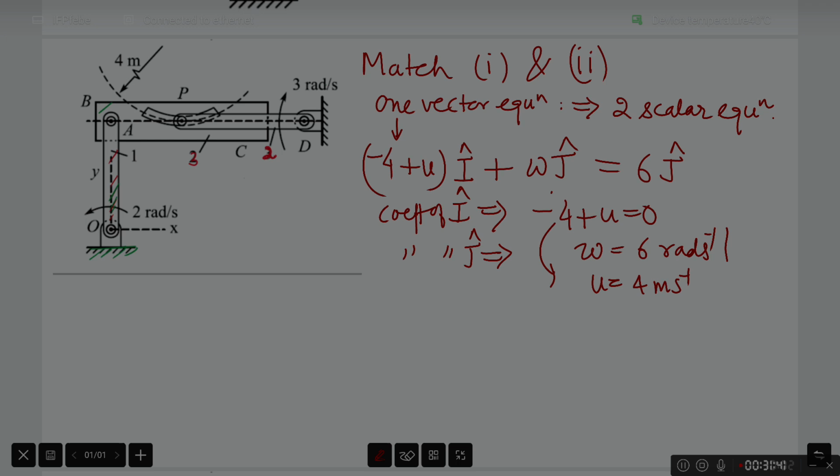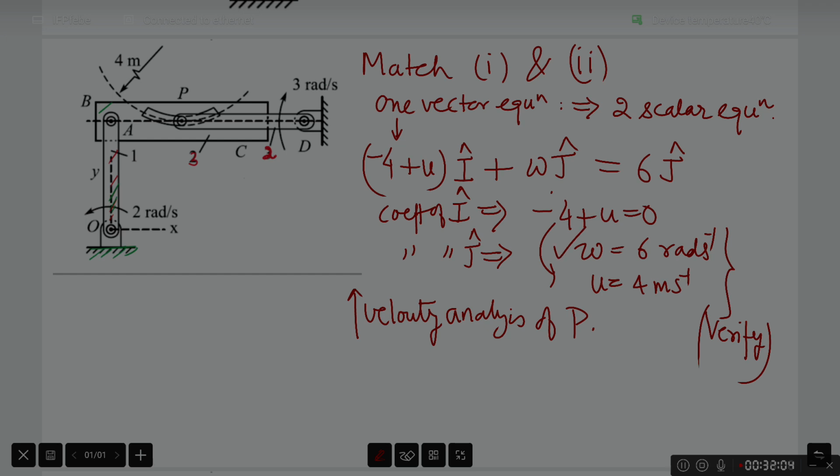One can verify whether I have gotten these numbers correctly or not. So this completes my velocity analysis of point P. And I have two clear outcomes. I know the angular velocity of 3 with respect to g, and I know Vp3.